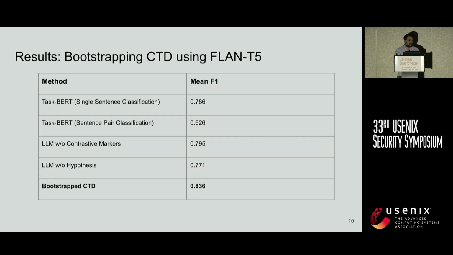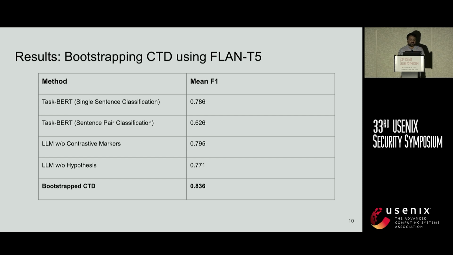And in terms of performance, we found that bootstrapping contrastive textual deviation without any training can outperform existing stance detection techniques, even existing supervised stance detection techniques which have seen a portion of the data. So this shows that an unsupervised technique is a good way to go about this problem.